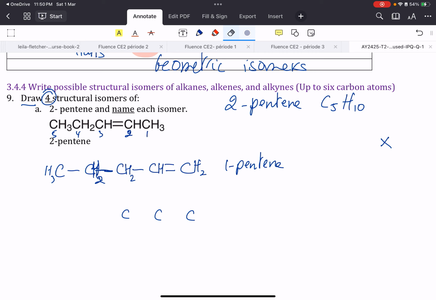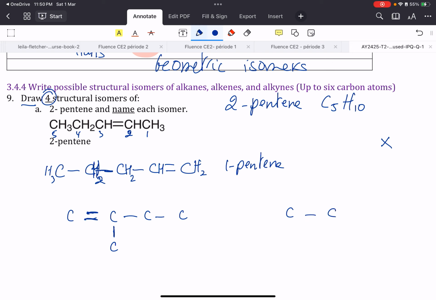So now let's start creating branches to create more isomers. Instead of taking 5 carbons as a main chain, let's take 4 carbons as a main chain with 1 branch. So here's the branch. I can do an isomer with a double bond on the first carbon and a branch on the second carbon, or 4 carbons where I have the double bond on the first carbon and the branch on the third.